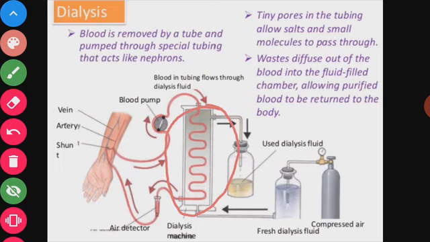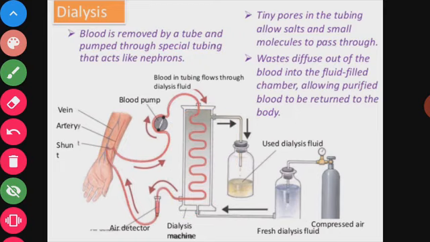This dialysis technology is used when the kidneys are not functioning properly. The blood is then led back to the body through the veins.